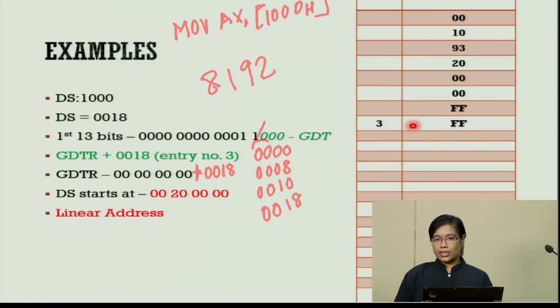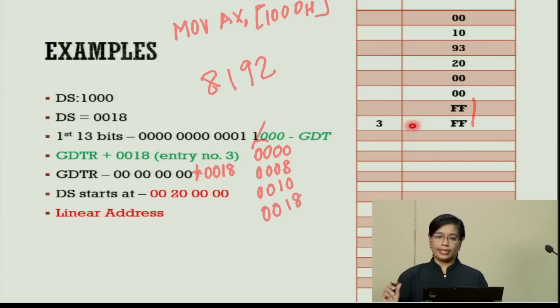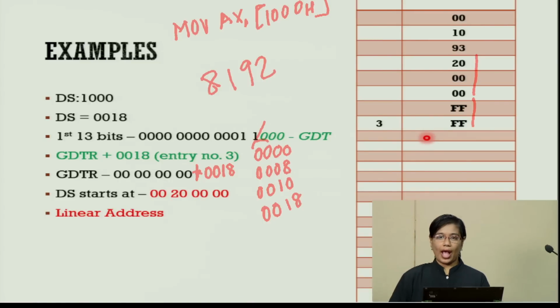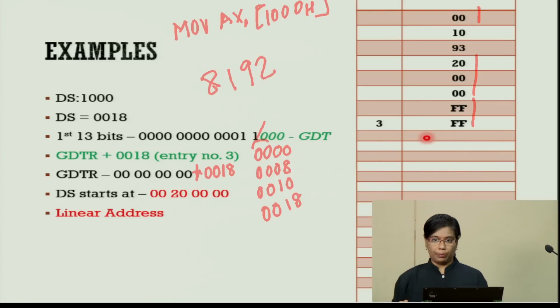Now we know that the first 2 bytes give the limit. Whether it is 80286 or 80386, the first 2 bytes are going to give the limit or the size. And the next 3 bytes are going to have the base address. Also the last byte is going to have the rest of the 8 bits if it is 80386.